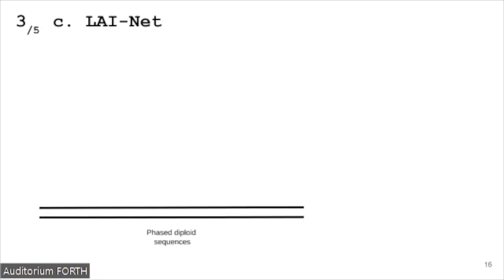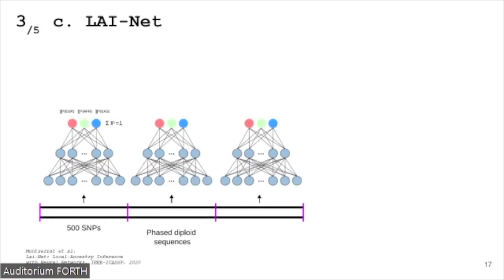And so how does Linet work? It takes as input phased haplotypes. And it's going to chunk these haplotypes into 500 SNPs segments. And there are as many neural networks as there are 500 SNP segments.